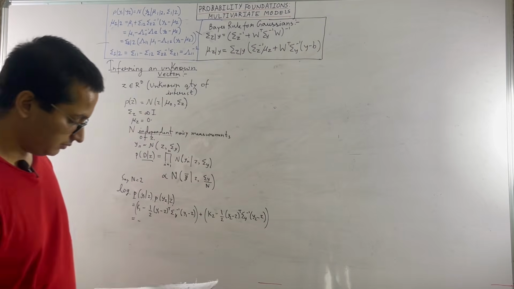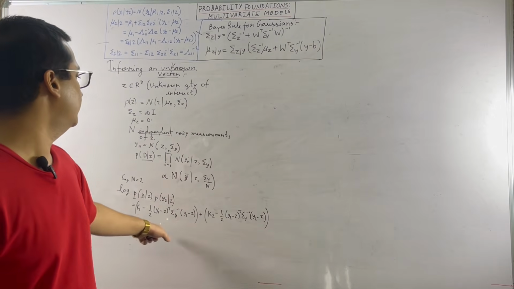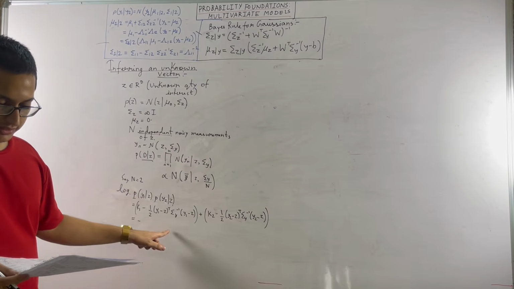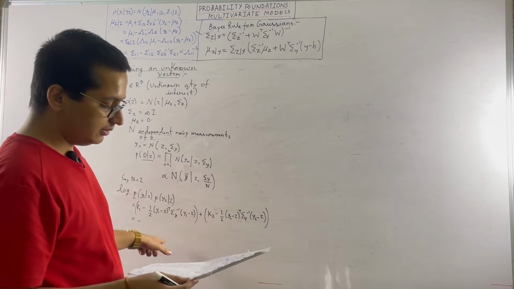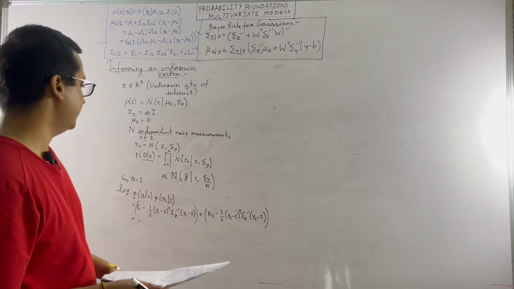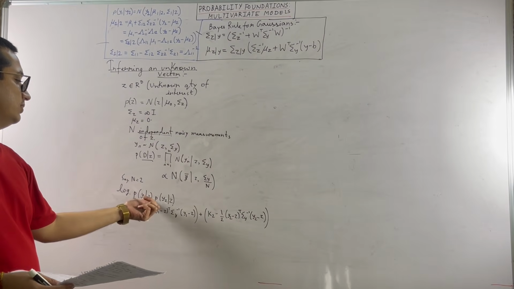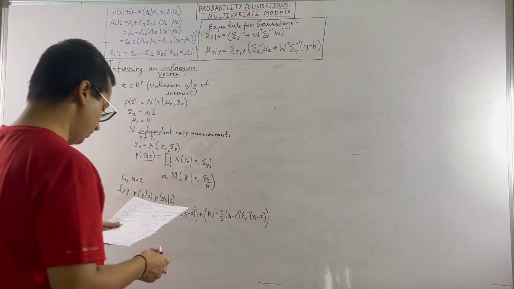And what we need is the second degree terms, and we need them in terms of z, and the z term has to be there because it is conditioned on z.